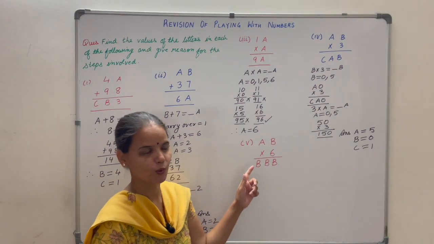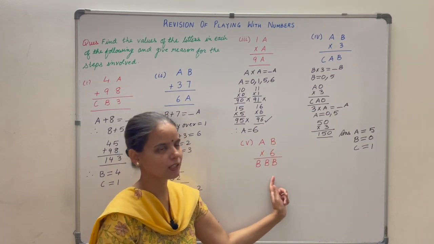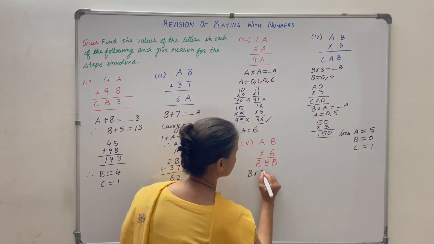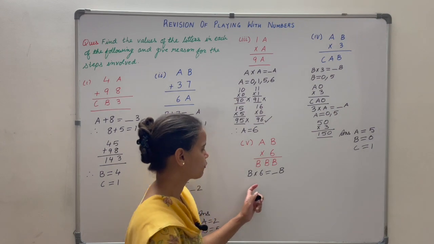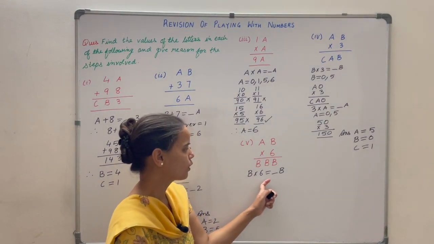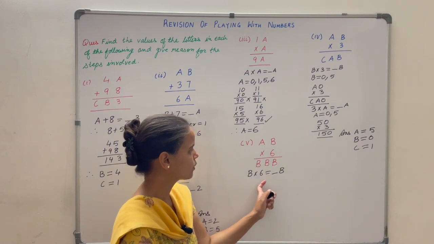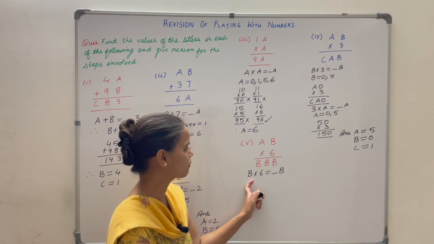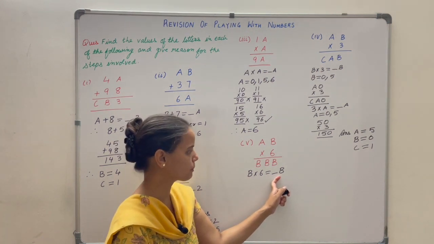Now let us take this question. AB into 6 should give you BBB. So B into 6 should give you B in the units place. So if you put the value of B as 0, you get 0. If you put the value of B as 2, you get 12, 2 in the units place. If you put the value of B as 4, you get 24, so 4 is in the units place.